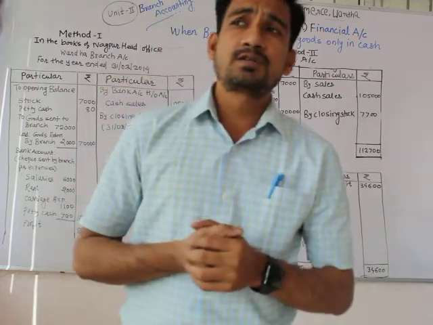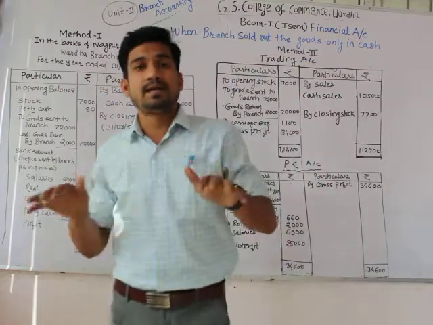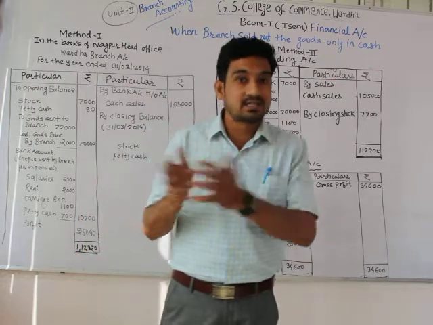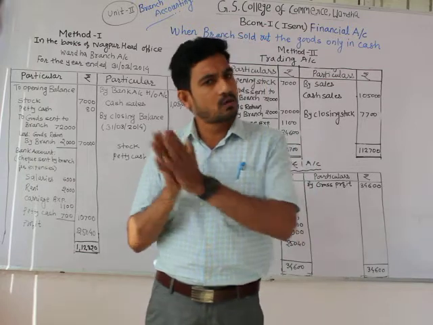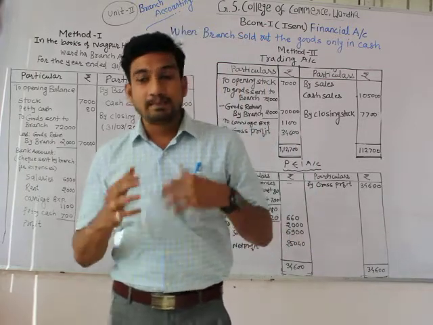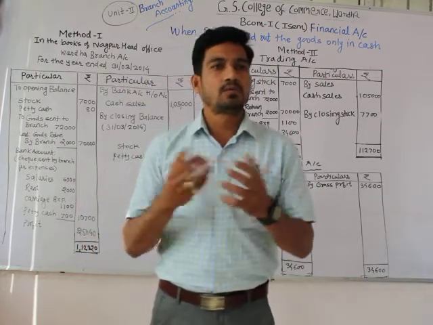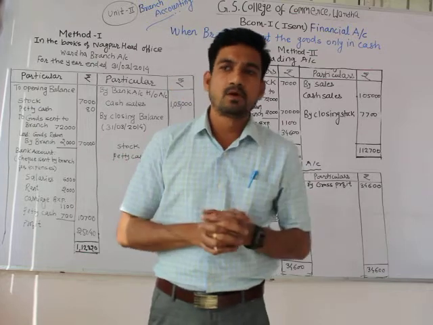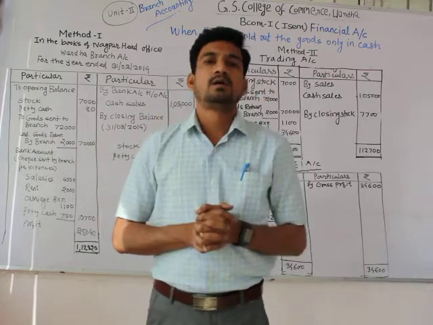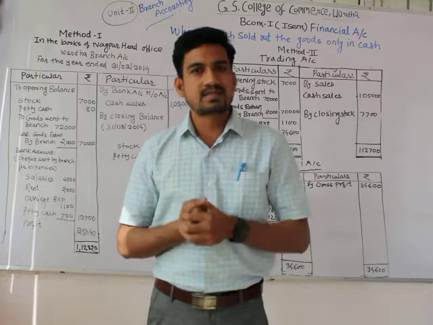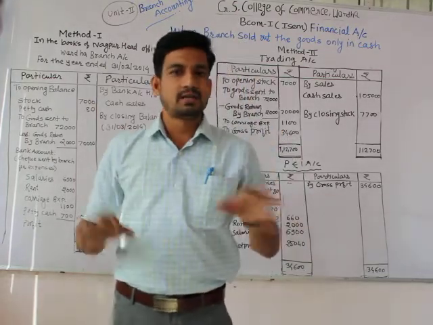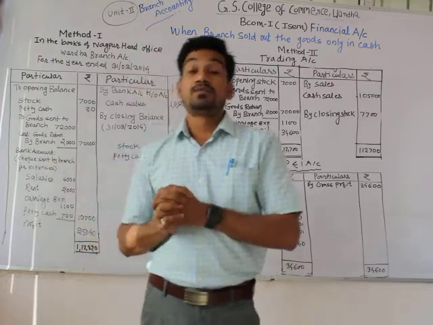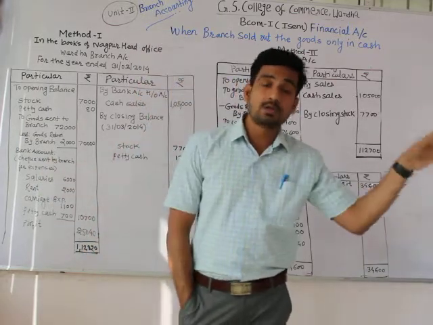Independent branches have their own separate existence. They prepare their books of accounts separately. They purchase raw material or products separately from outside parties. They have their separate sales and maintain each and every income and expenditure separately. They even sell their products back to the head office.